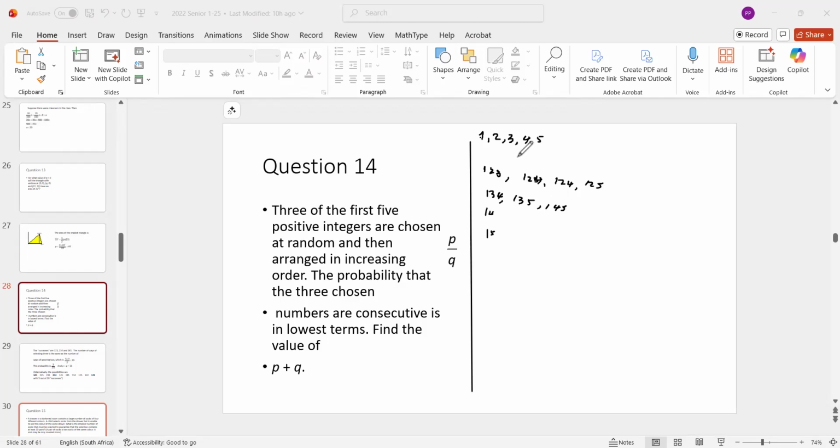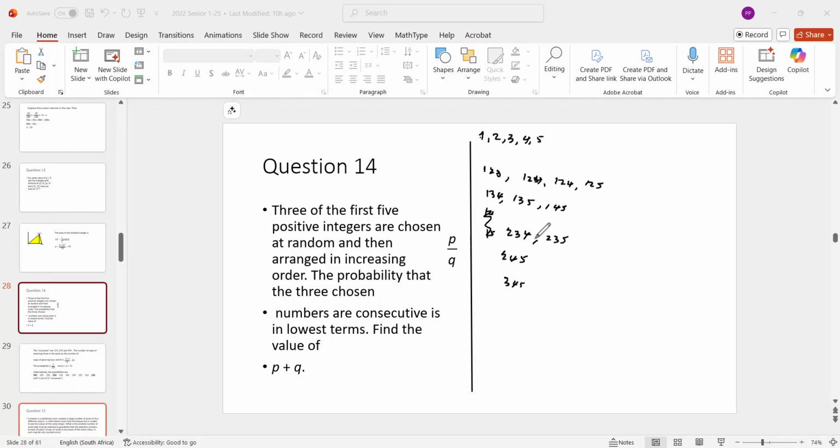Now let's start with 2. So you have 2, 3, 4, 2, 3, 5. Right? Starting with 2, you can still have 2, 4, 5. And then you have 3, 4, 5.